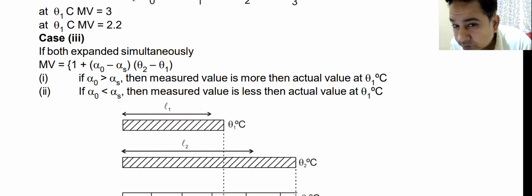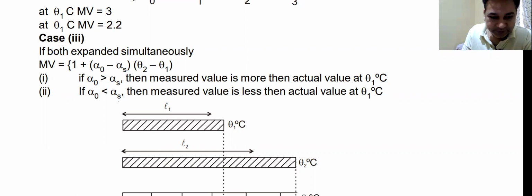True reading is equal to scale reading into 1 plus alpha, coefficient of material minus coefficient of object, into delta theta.